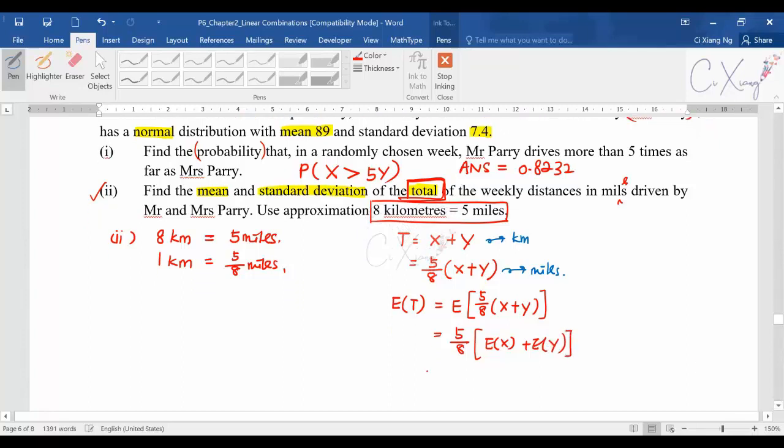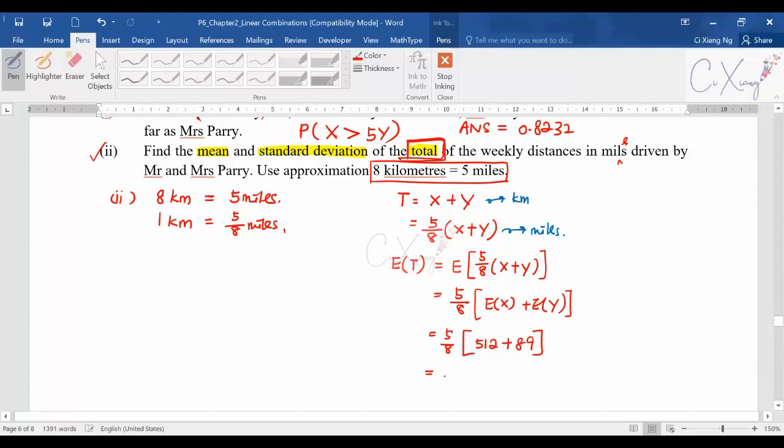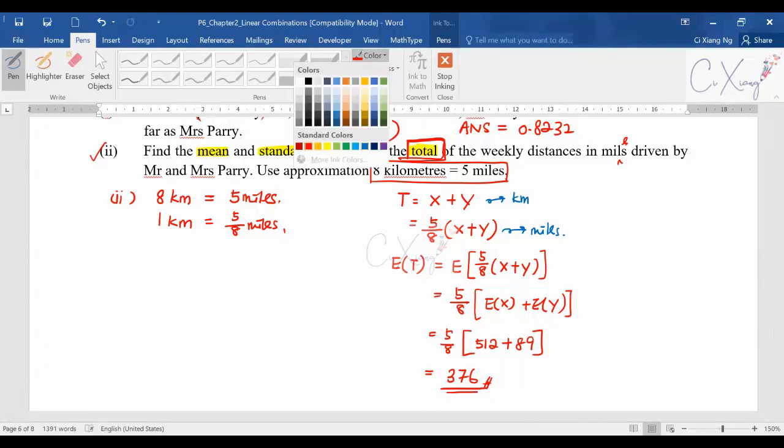What is EX? The mean of X should be 512. The mean of Y should be 89. So continue from here, you will get the answer, which is 376. Okay, so this one should be no problem.